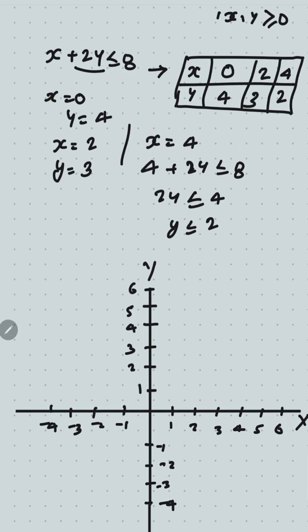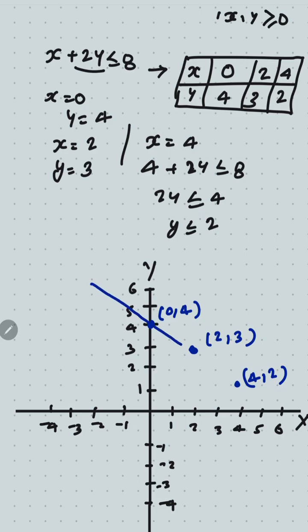The first point given is 0 and 4. The second is 2 and 3. Next is 4 and 2.